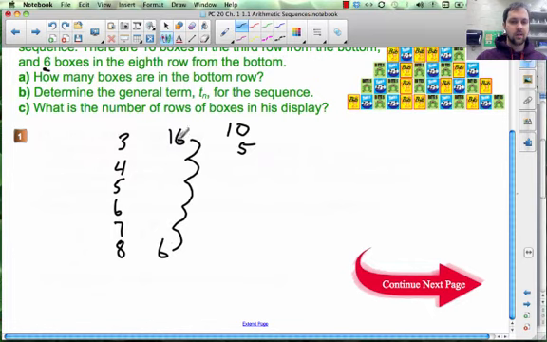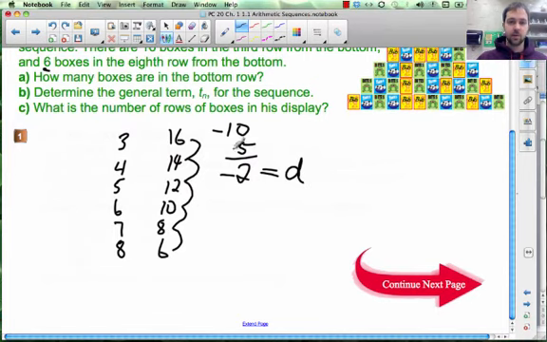So a difference of 10 in 5 jumps will mean a jump of 2 per jump. So this one will go from 16 to 14, 14 to 12, 12 to 10, and 10 to 8. But this number is going down, so we are going to jump by -2. And this will be our d value.